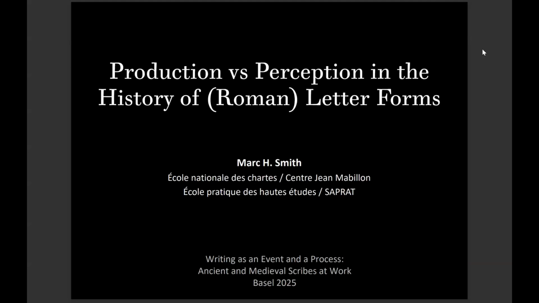I have done this myself years ago. I experimented with broad nibs to try and understand the evolution of 14th century chancery cursive, and it does work to a certain extent, but within limitations. And later, I worked with calligraphers who, in the French tradition, also tend to work more with metal tools.